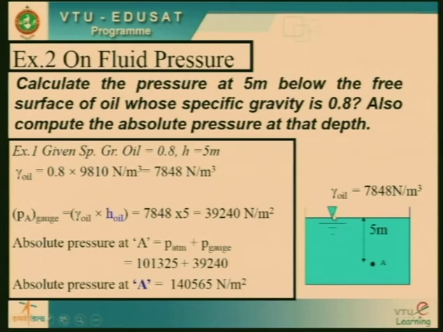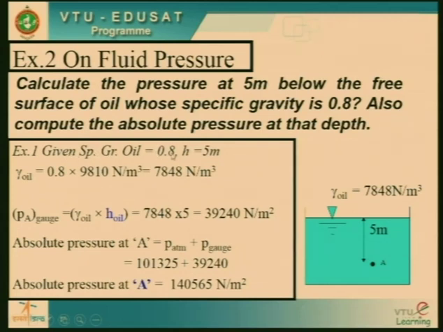It is open to atmosphere, so definitely atmospheric pressure is there. As long as I am taking the gauge pressure, it is 0. The moment I say absolute pressure, I have to add atmospheric pressure to that. I repeat, the moment I say absolute pressure, I have to add atmospheric pressure to that point along with the gauge pressure. Let us see what the gauge pressure is.